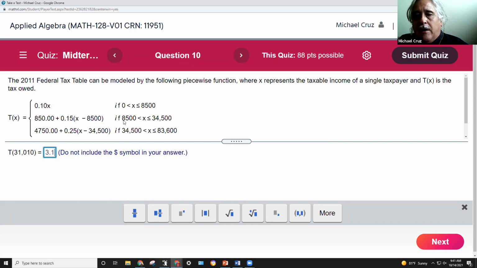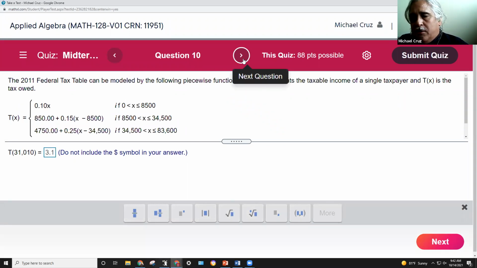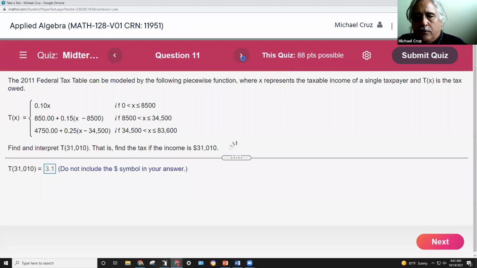If it had been higher and in between this range, then you use this formula, and if that value is in this range of 34.5 or above, all the way up to 83.6, you put it in there. So you just got to remember with a piecewise function, you're just determining which one to use.